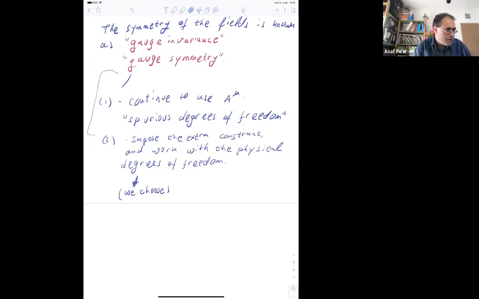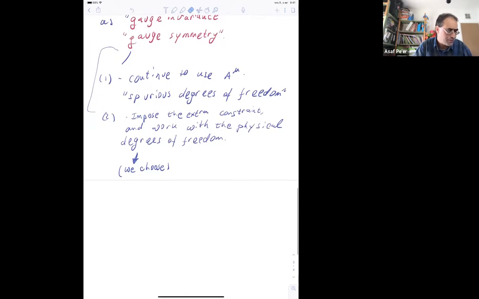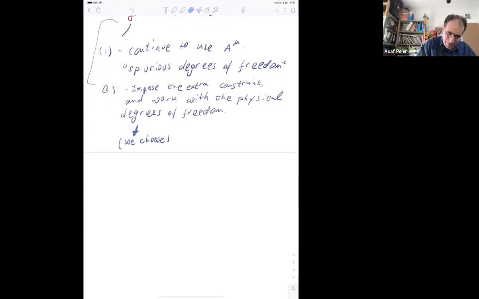Okay, so we're going to use the gauge symmetry to get rid of one of the degrees of freedom. Of course, we have various ways of choosing lambda. We will choose lambda such that d mu A mu is equal to 0.